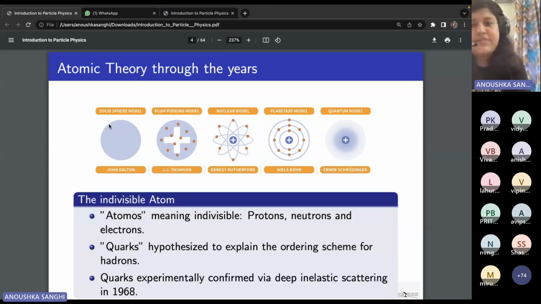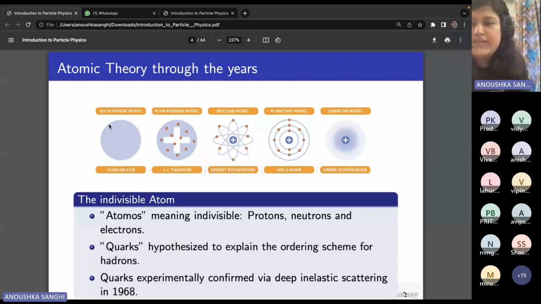Now, coming to Niels Bohr's model, what Niels Bohr did was make the picture of Rutherford's model clearer, right? He devised new terms called shells or energy levels, where electrons were, and they can jump to different shells, which we call electronic transitions, and they can either emit or absorb energies.